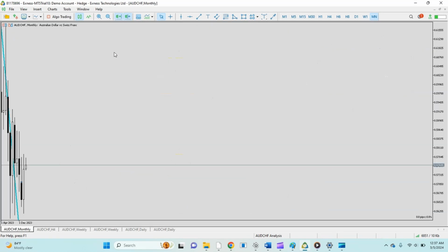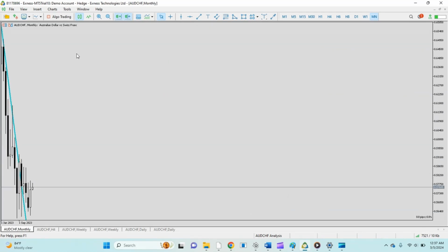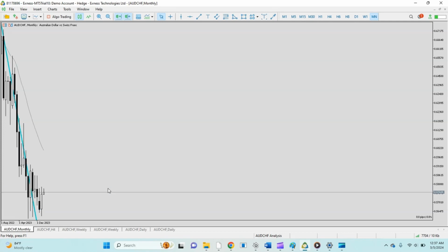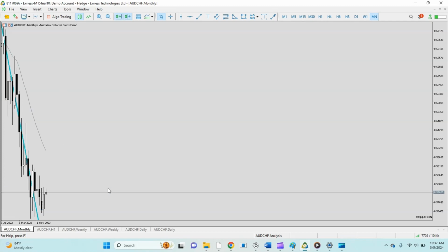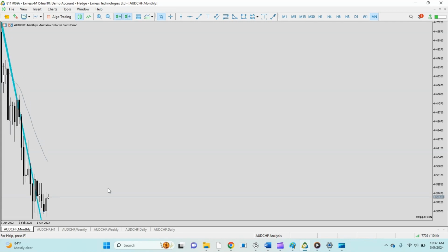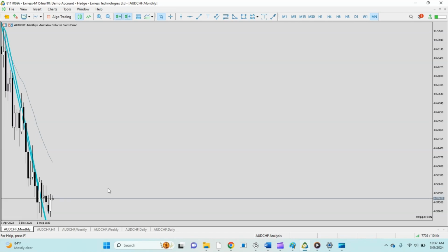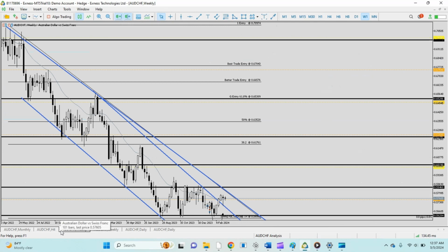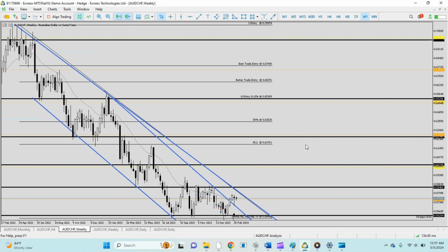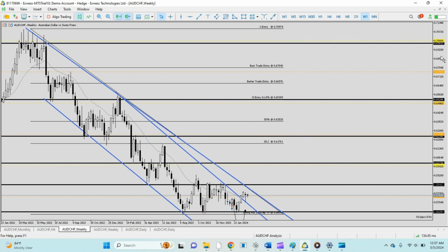So in the monthly time frame, we don't have a good view of the historical data, and in the weekly time frame, the market is in a descending channel.